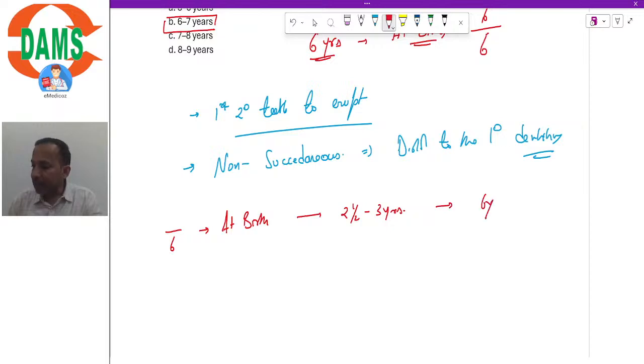And then it erupts at 6 years and its root completes at about 9 to 10 years, isn't it?